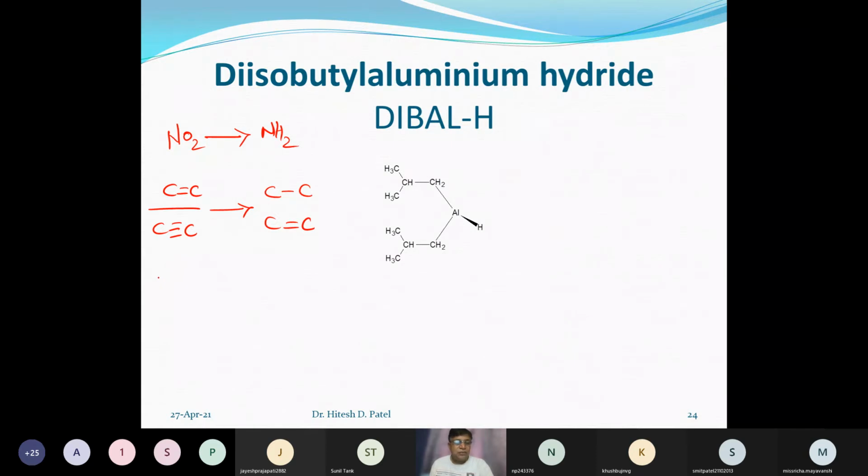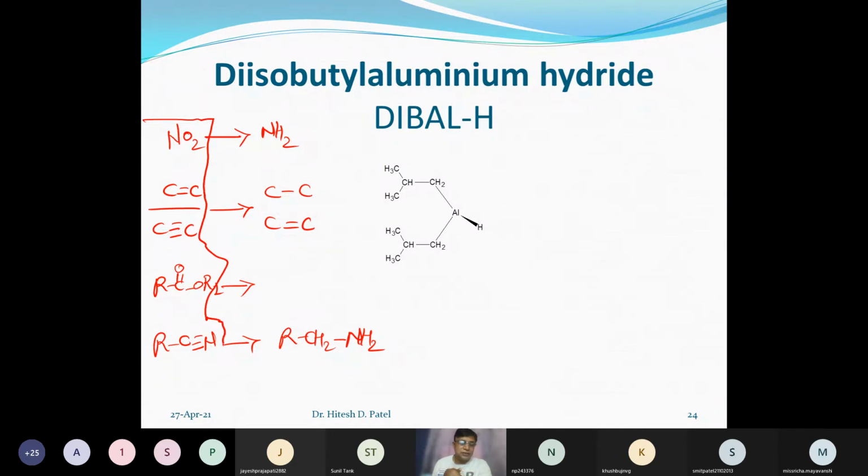If you are having other groups like ester, then we can convert it into acid plus alcohol and some other compounds. If you are having a nitrile group, then by reduction we can convert it into RCH2NH2, primary amine.